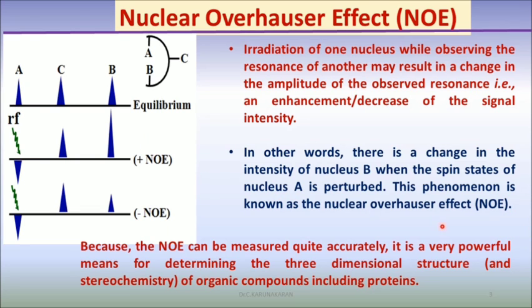This phenomenon is known as the nuclear Overhauser effect. This effect is very important because NOESY, 2D NMR spectroscopy, is based on the nuclear Overhauser effect. It is very useful for the three-dimensional structure determination of organic compounds, including proteins, DNA, etc. For this effect, Overhauser was awarded the Nobel Prize.